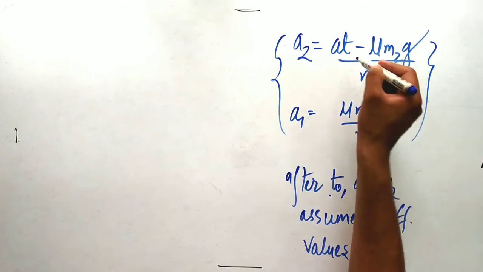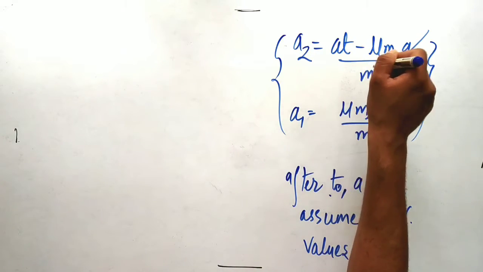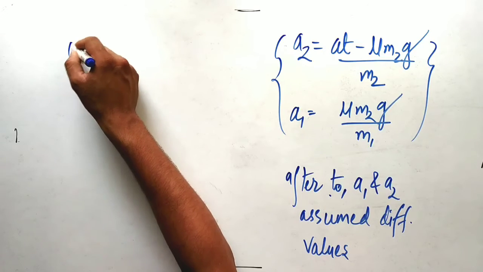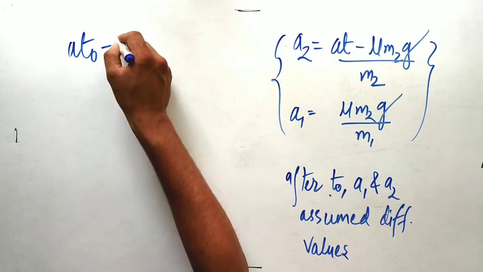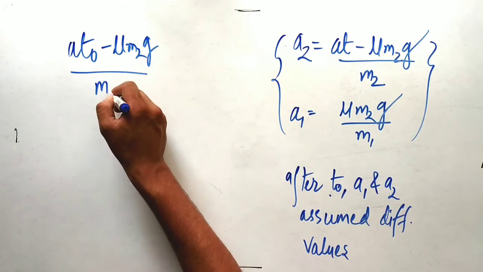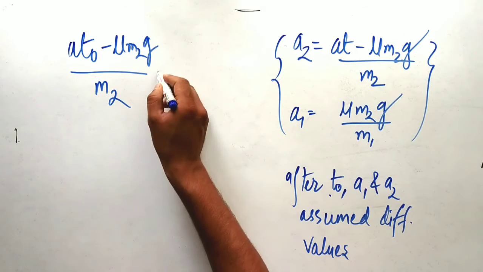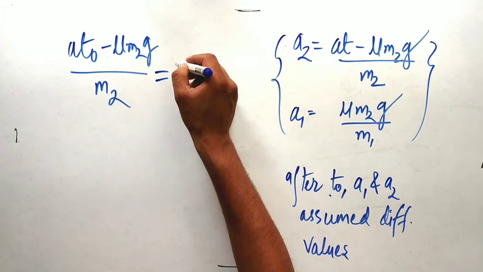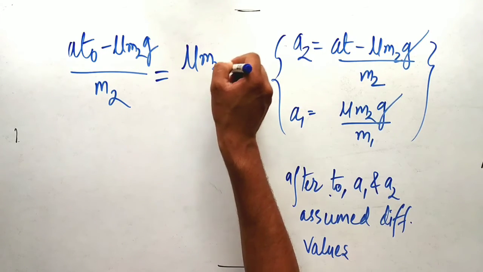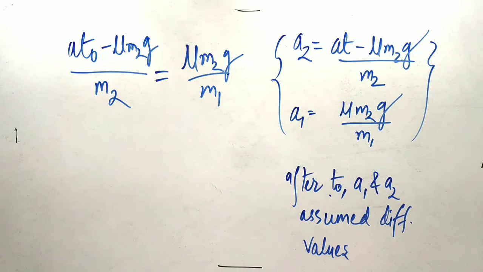So we are going to use this concept for finding the value of T0. We're putting t equal to T0 here, and we arrive at (A T0 minus mu m2 g) divided by m2, which is A2 at time T0, and mu m2 g divided by m1, which is A1 at the time T0.